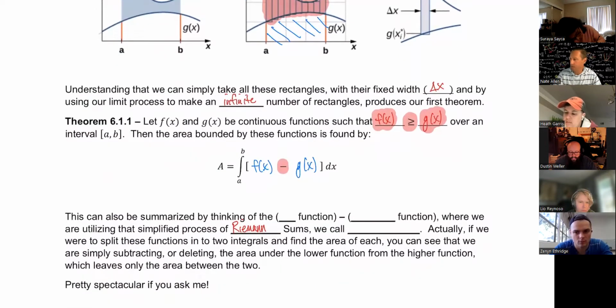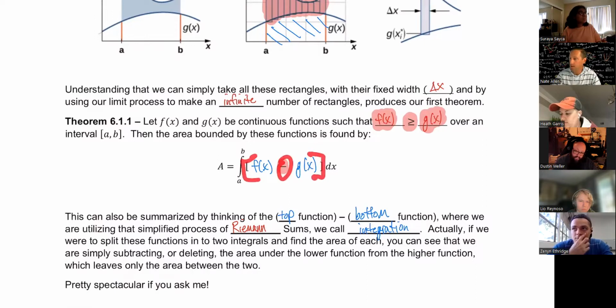Okay, so to generalize this, we're going to take the top function and subtract the bottom function. And because we're going to use that Riemann sum special way we call integration, if you know how to subtract these things, then do it.